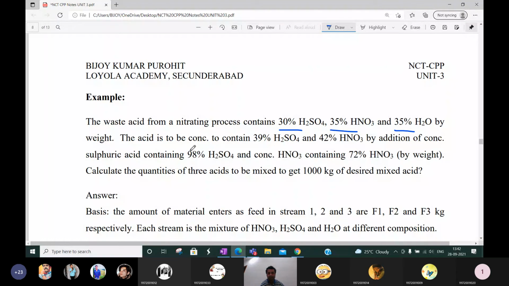The acid is to be concentrated to contain 39% H2SO4 and 42% HNO3 by addition of concentrated H2SO4 containing 98% and concentrated HNO3 containing 72% by weight. Calculate the quantity of the three acids required to get 1000 kg of desired mixture. So please read the question.